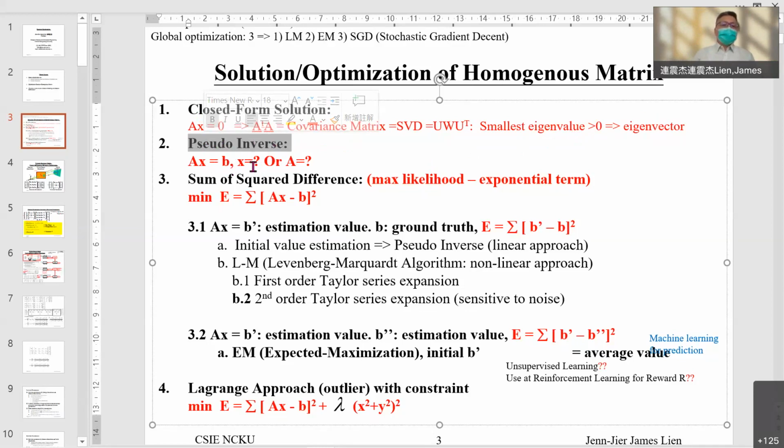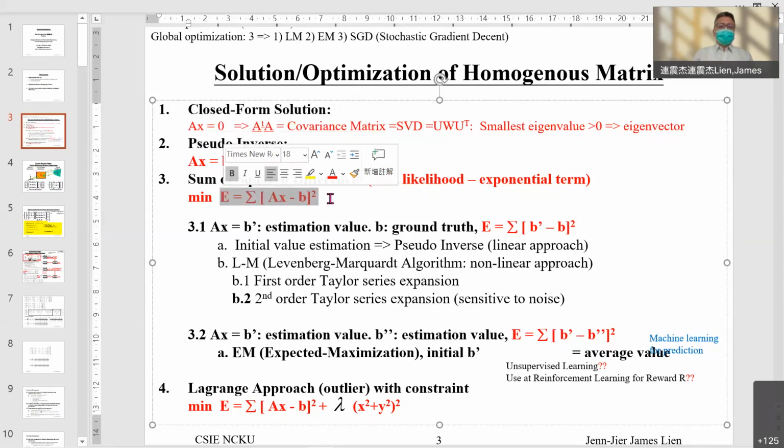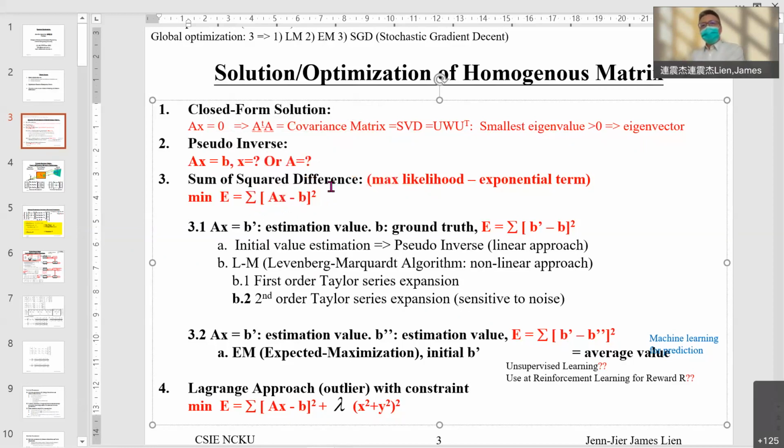The third one is the sum of square differences. In deep learning, we divide by the batch size, so it is the mean square difference. Right now, in deep learning, we use gradient descent.